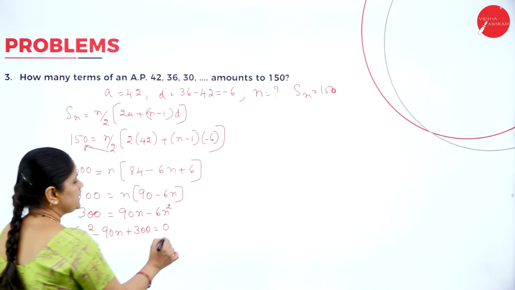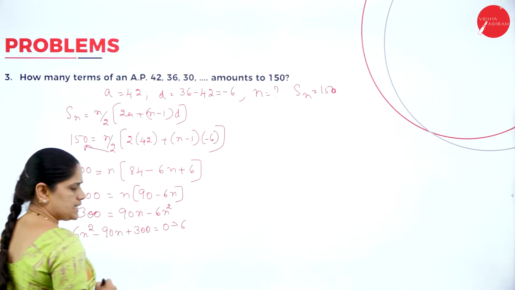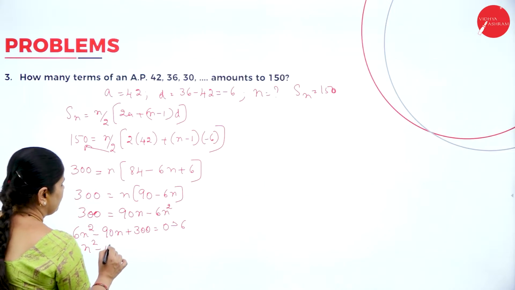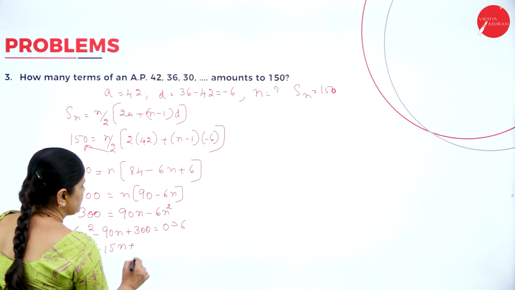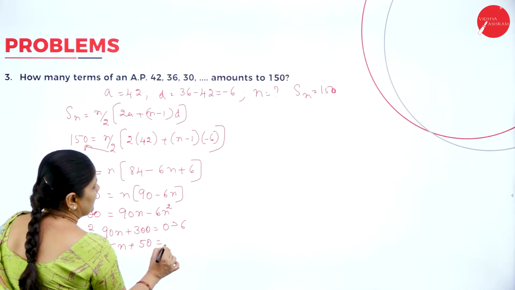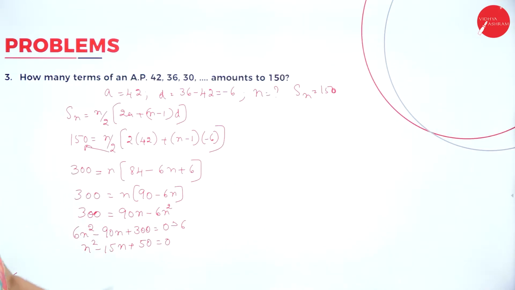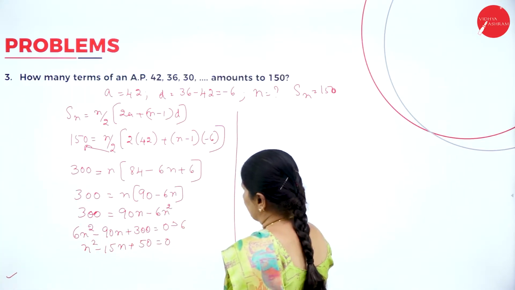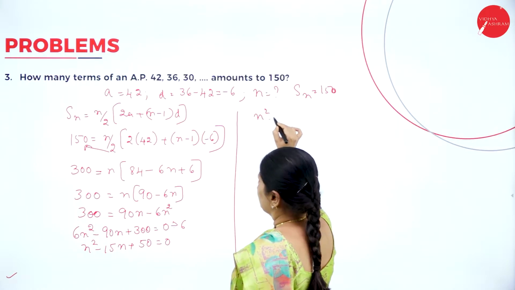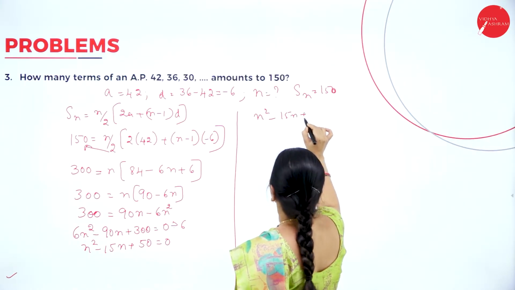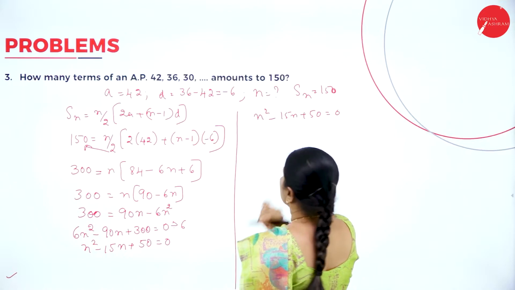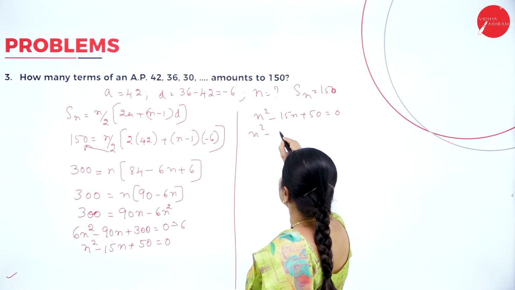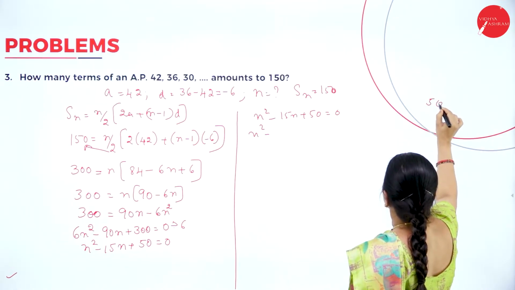Now I divide the entire equation by 6. So I will get n square minus 15n plus 50 equals 0. Now when I simplify this, I'll write it again here: n square minus 15n plus 50 equals 0. I have to find the factors of 50.